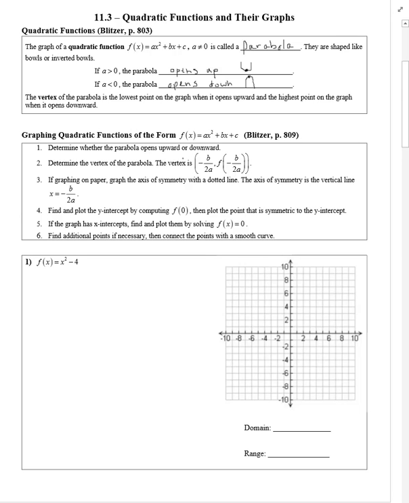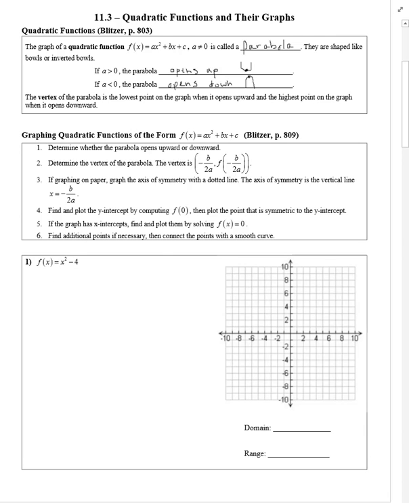So to graph quadratic equations, we first determine whether the parabola opens upward or downward. Then we determine the vertex, find the axis of symmetry, find the y and x-intercepts, if there are any, and if we need to, we find a couple other points to finish our plot.